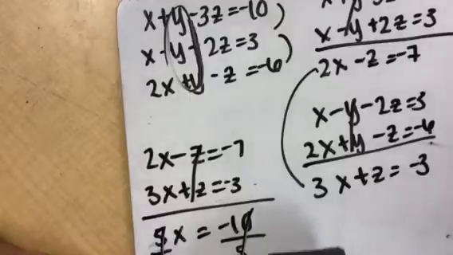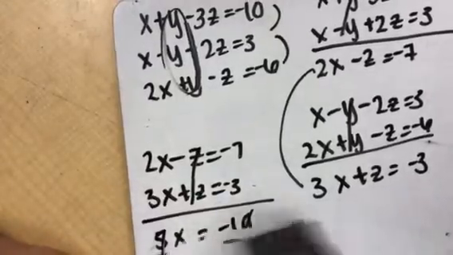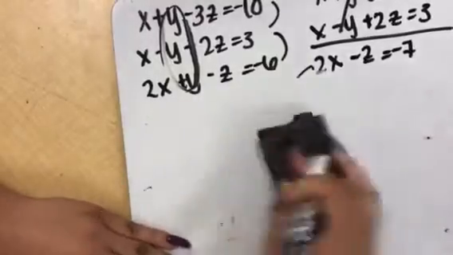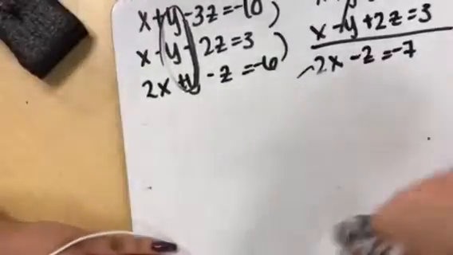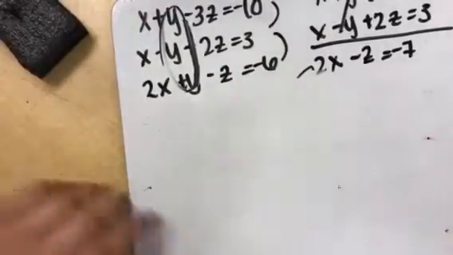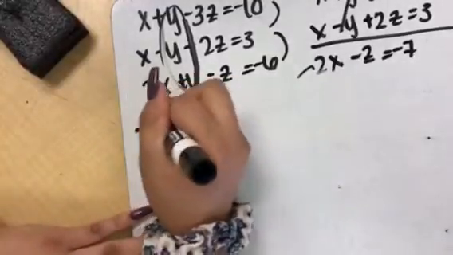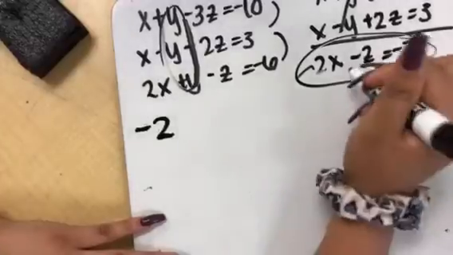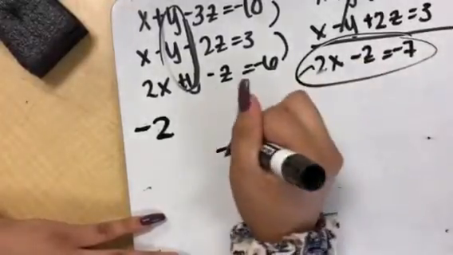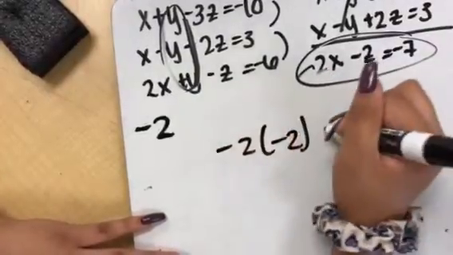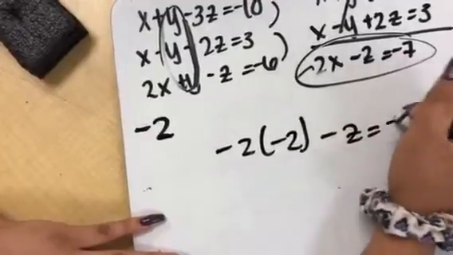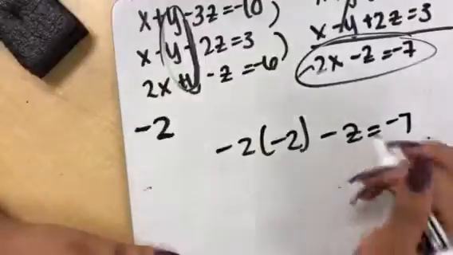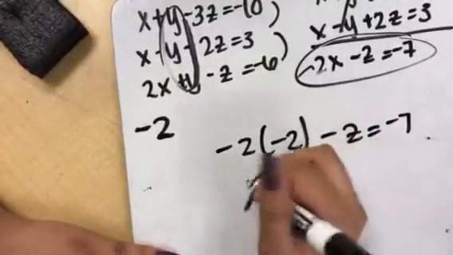Let's keep that in mind when we're rewriting this. So what I did is I erased everything else just to make it a little bit cleaner, but I left this equation because this has two terms, so we can substitute our negative 2 into this equation, and so we can solve for z.